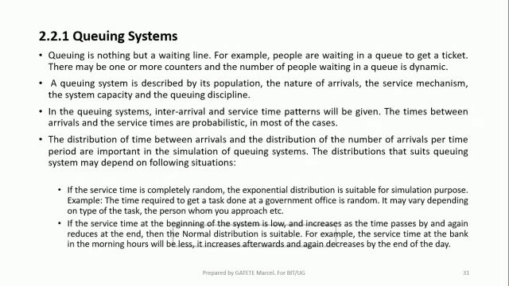For example, here we can have an example for the normal distribution. The service time at the bank in the morning hours is less because in the morning there are few people. At mid-time, around 11 o'clock and 12 o'clock, we have too many people.